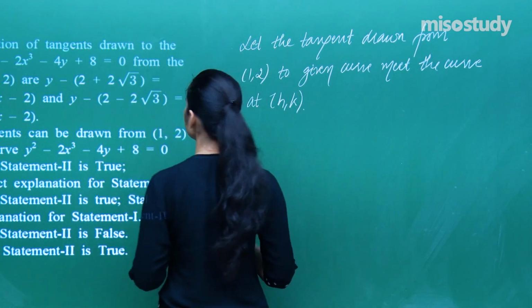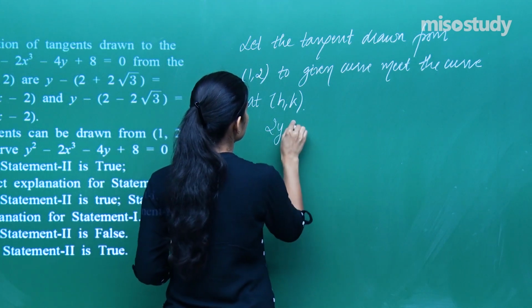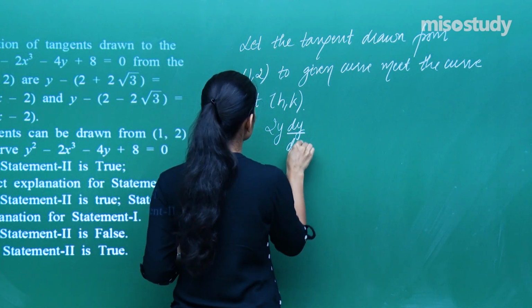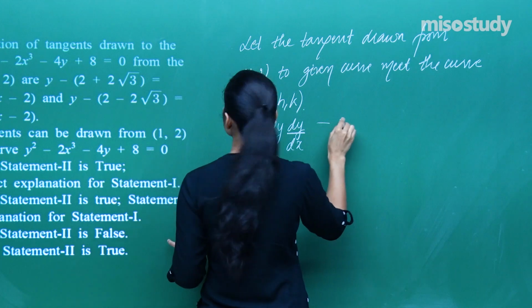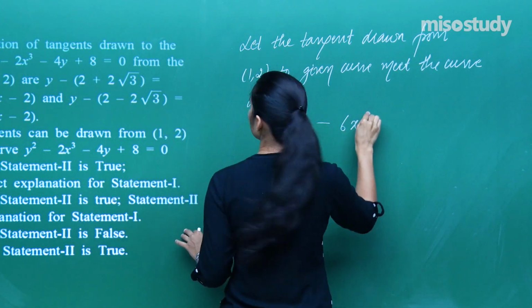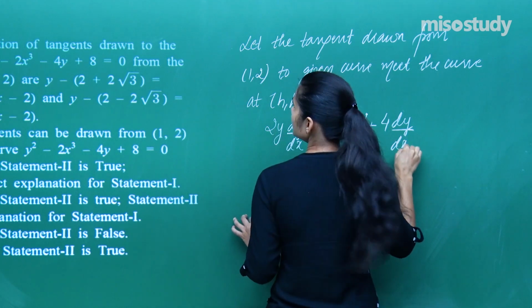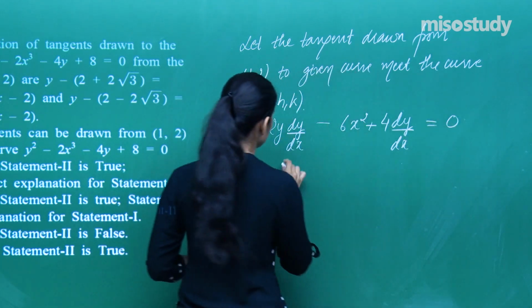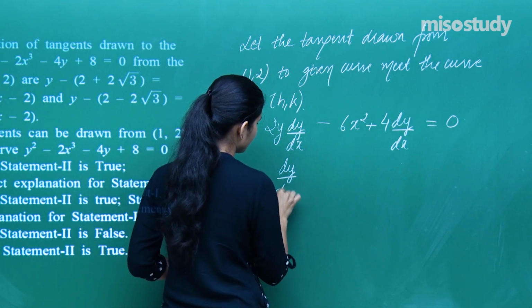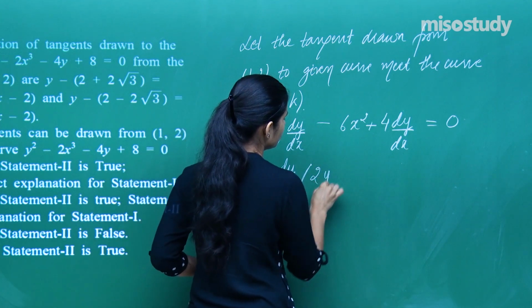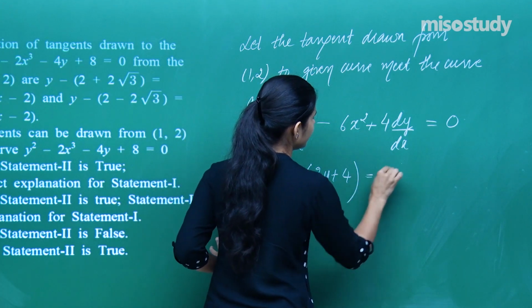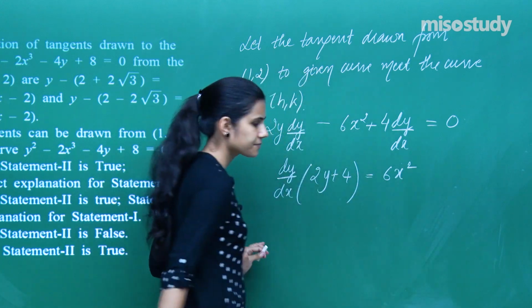In that case, what is the equation of tangent which is drawn at the point h comma k to this curve? For that I need the derivative. I am going to say 2y dy by dx minus 6x square plus 4 dy by dx plus 0 equals 0. So dy by dx you have common, you are left with 2y plus 4 equals 6x square.